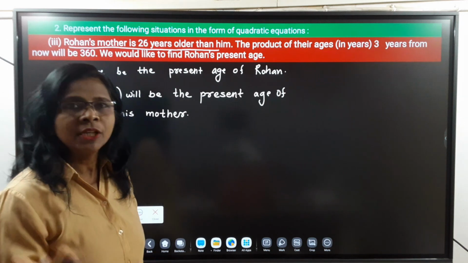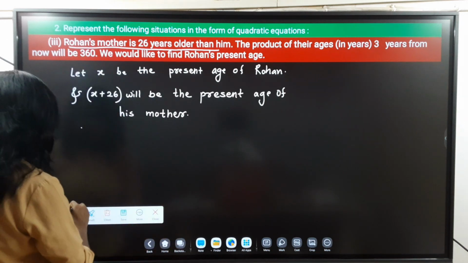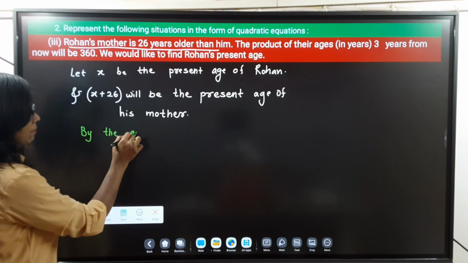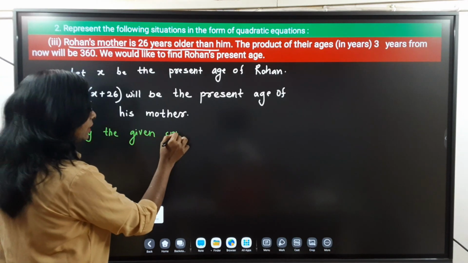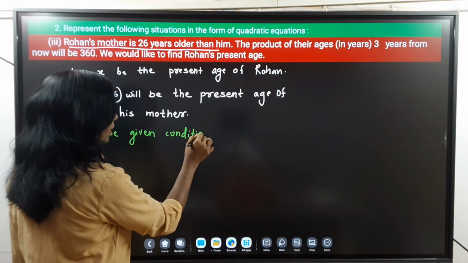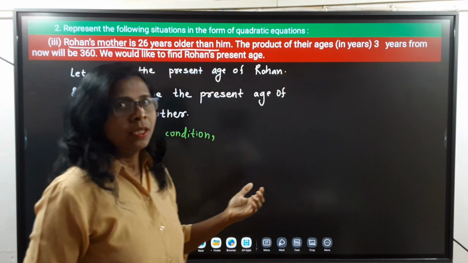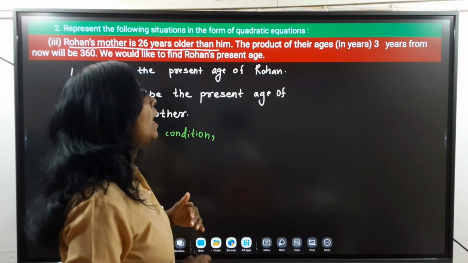Now by the given condition, the product of their ages after 3 years.